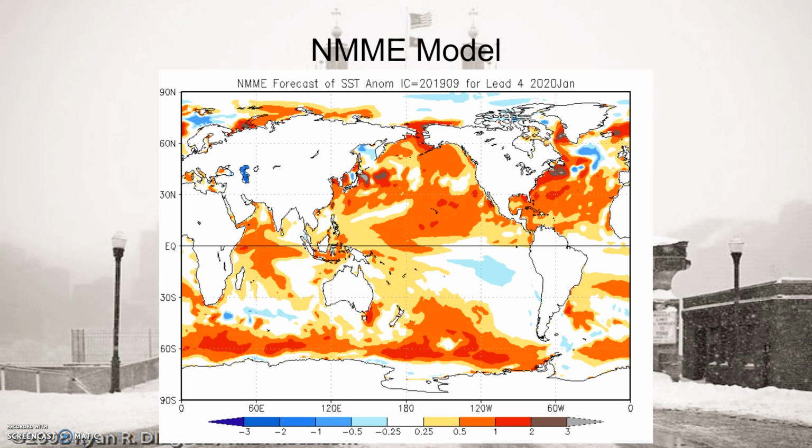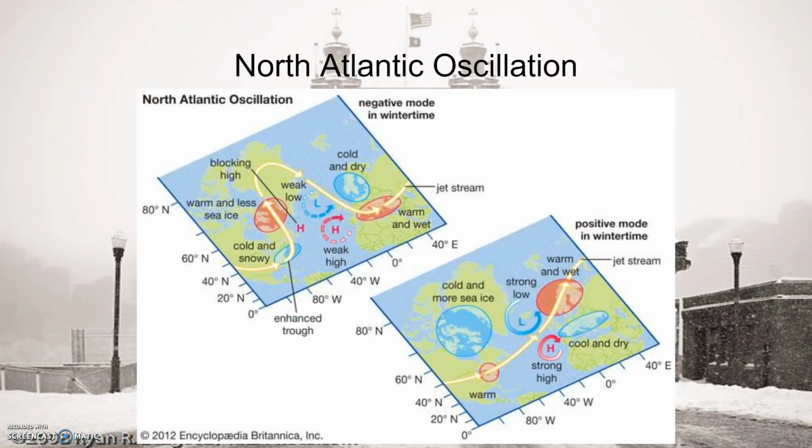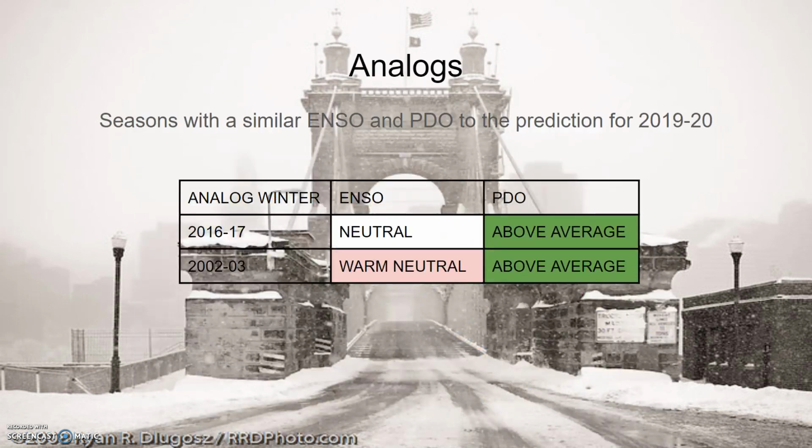And this is the NMME, which does a similar thing to the CFS, telling a very similar story, with warm neutral in the ENSO region and a positive PDO here. And a look back at the NAO, my bad.